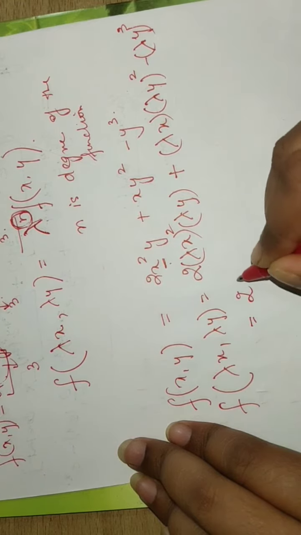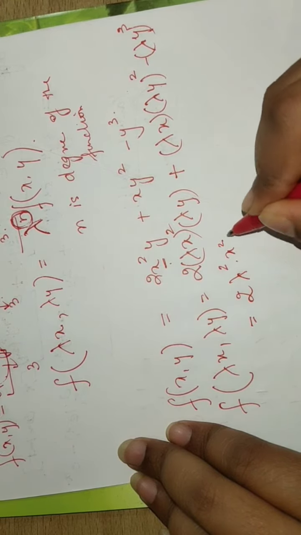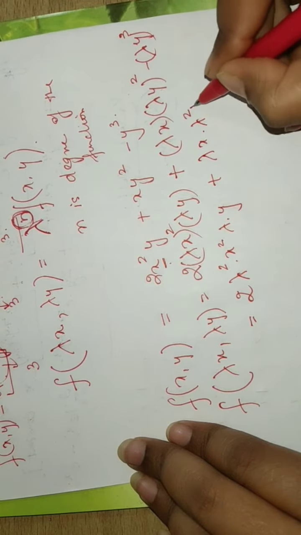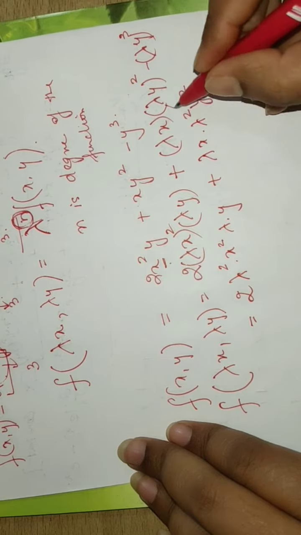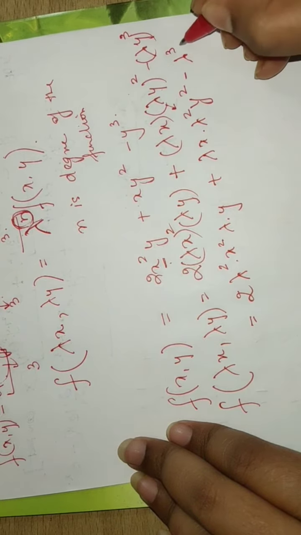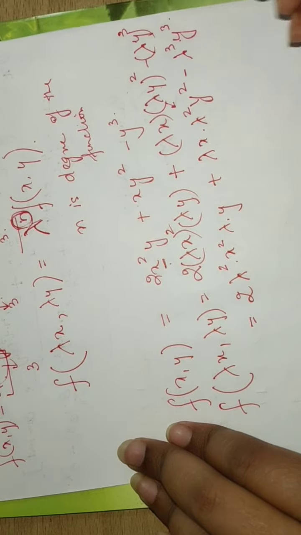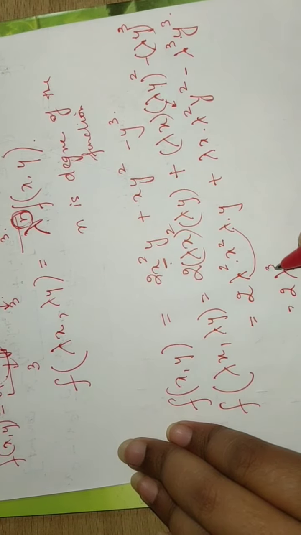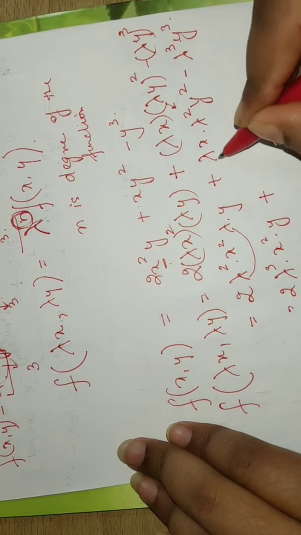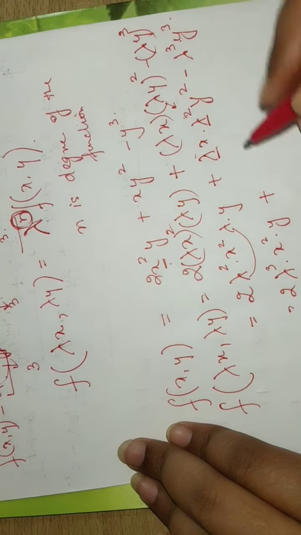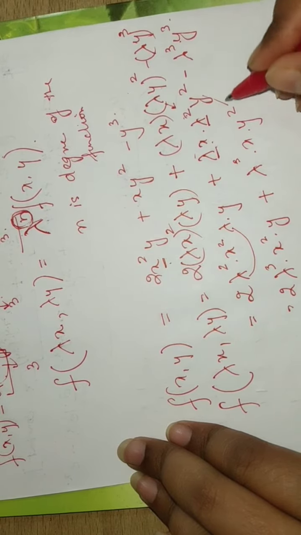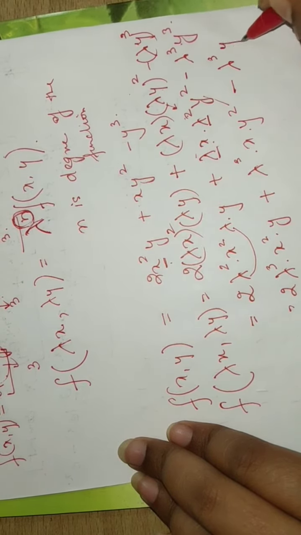We open the brackets: 2 lambda square x square lambda y plus lambda x lambda square y square minus lambda cube y cube. Over here it will be 2 lambda cube x square y plus lambda cube x y square minus lambda cube y cube.